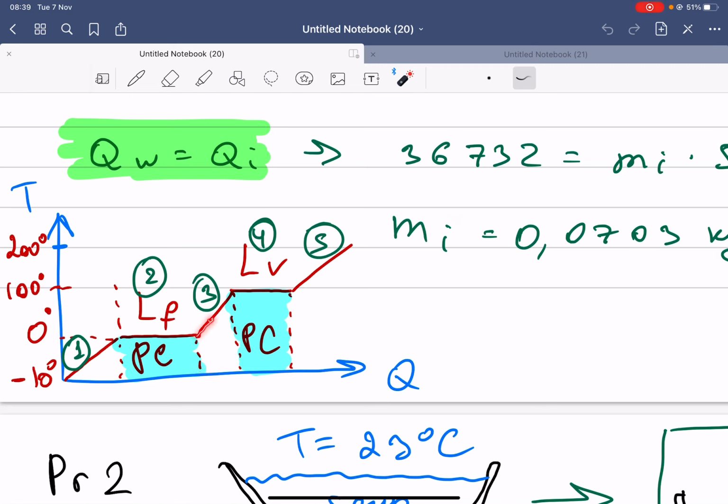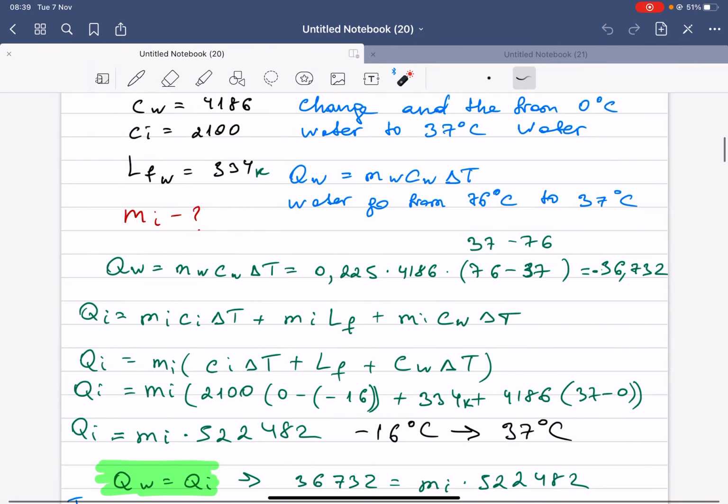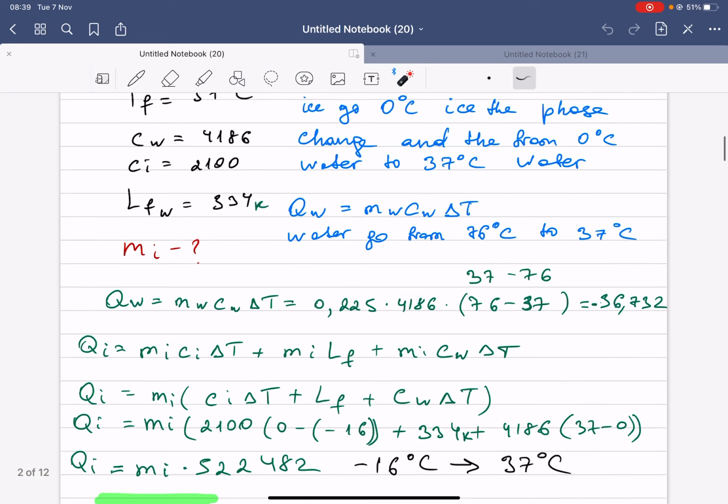So we started from here and ended somewhere here. We can see that we had three stages: increasing the temperature of the ice, then the latent heat of fusion, and then again increasing the temperature when it becomes water, okay?